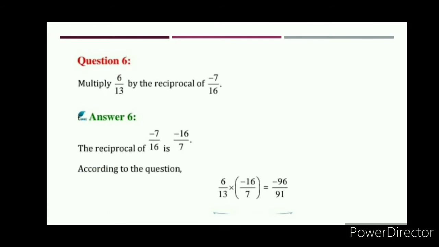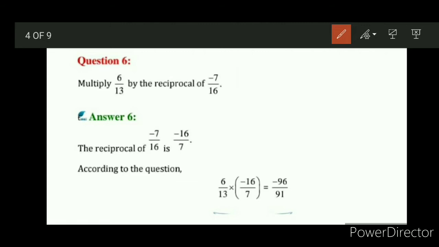In question number 6, multiply 6 by 13 by the reciprocal of minus 7 by 16. Now we should multiply this 6 by 13 with its reciprocal. First we will write the reciprocal of minus 7 by 16, which is minus 16 by 7.